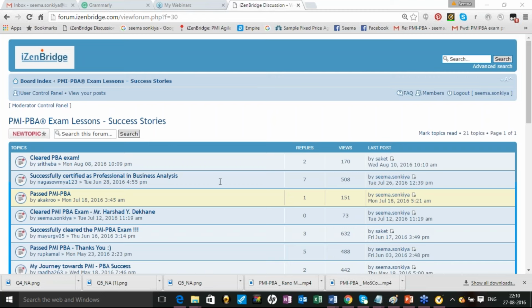I have a question regarding a question found in the planning domain quiz. The question was, which one of the following might be the right time for a BA to begin modeling requirements? My reply was after requirements elicitation, but before solution assessment. But apparently the right answer would be at any point in the project. Then I took an explanation which says modeling requirements is requirements analysis, and requirements are analyzed after identifying stakeholder requirements.